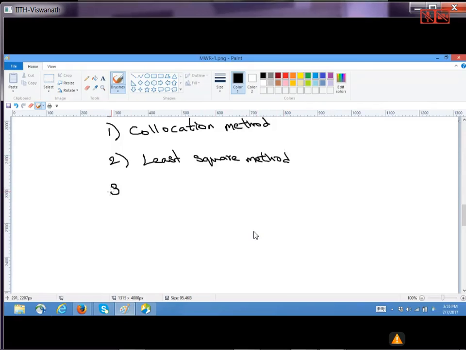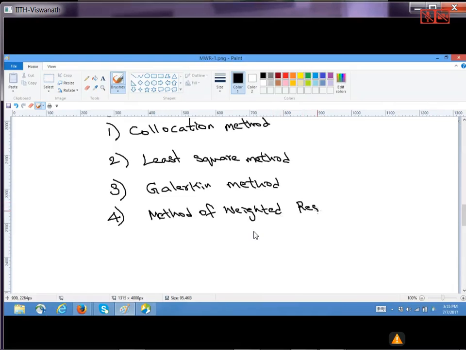The third one is the Galerkin method, and the fourth one is the method of moments.